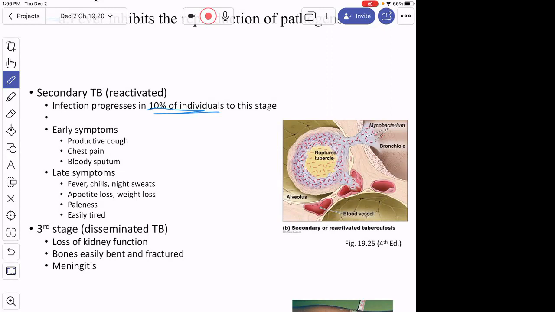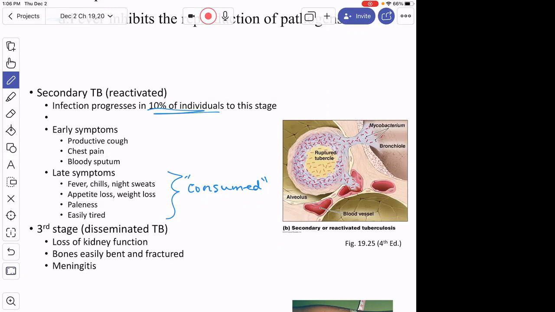Once you move into these late symptoms, as we talked about when we finished last time, the patient appears to be consumed. So another name for tuberculosis is consumption. Kind of an old fashioned name for it, but patients are really tired, have no appetite, lose weight, and are pale, not getting enough oxygen to their body, so their skin gets pale.